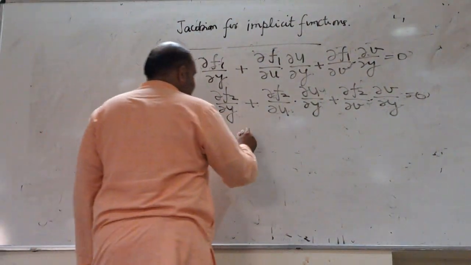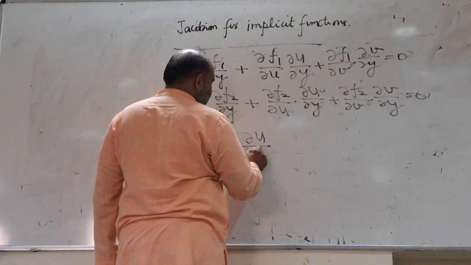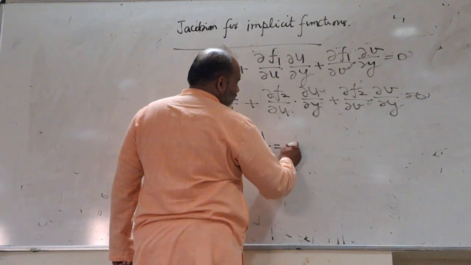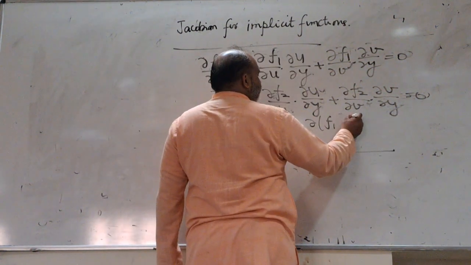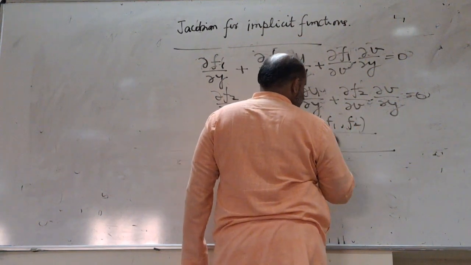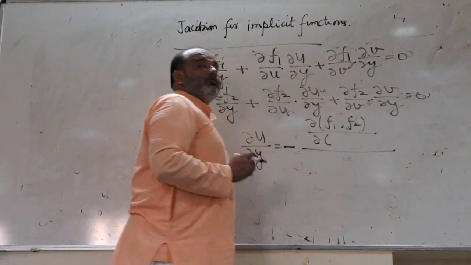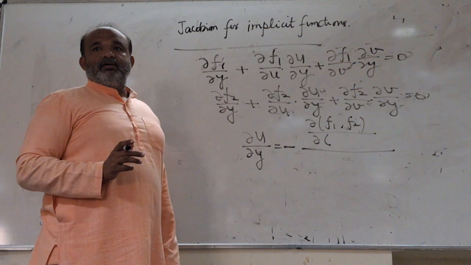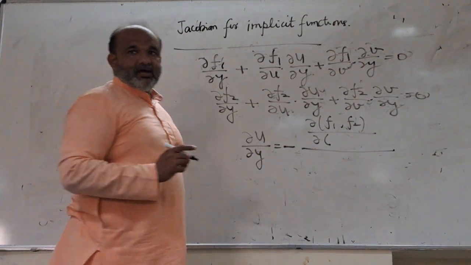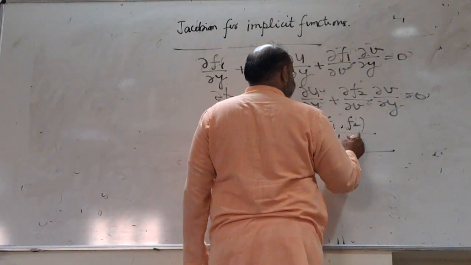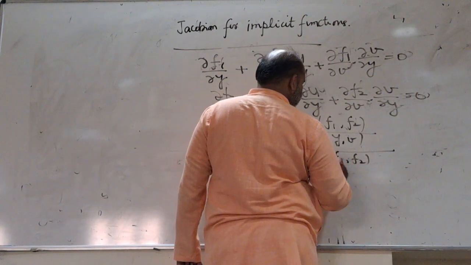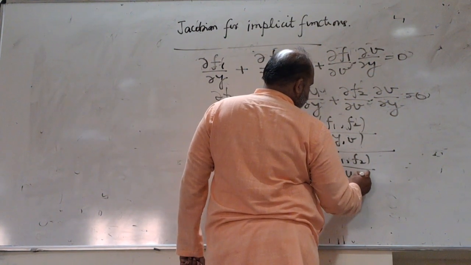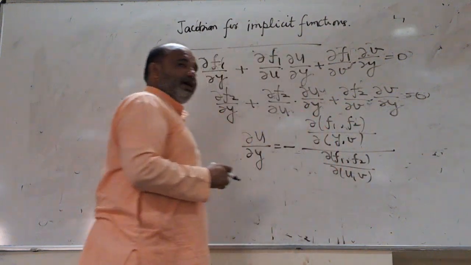So del u over del y will be equal to minus Jacobian of f1 and f2 with respect to y and v, and then again divided by Jacobian of f1 f2 with respect to u and v, right?